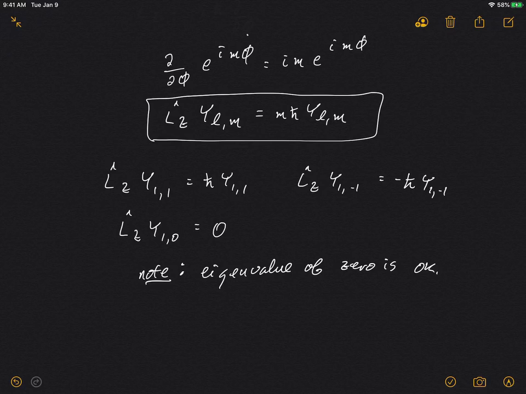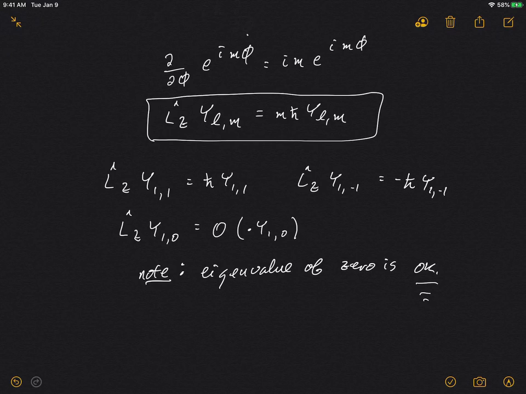I mean, you can think of the function as still being there, but it's being multiplied by 0, and so you don't see it, right? Anything times 0 is 0, but that's okay. We can have 0 eigenvalues.